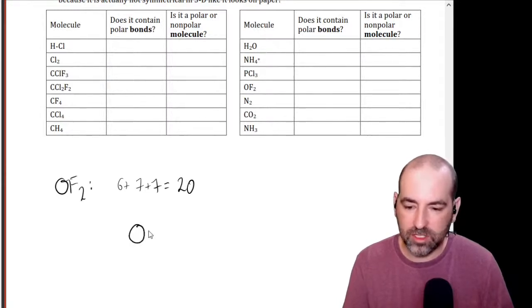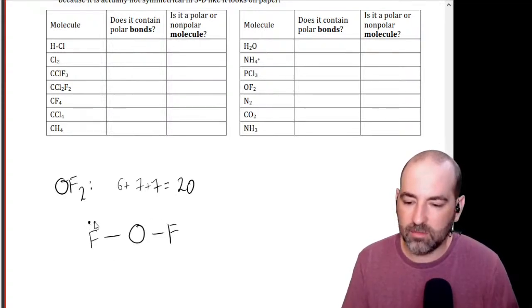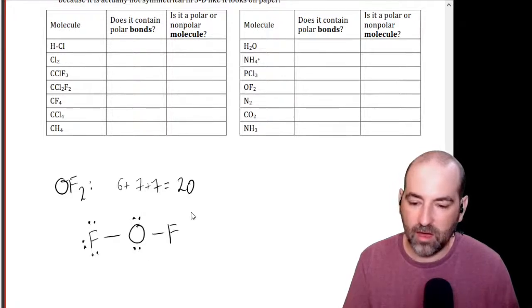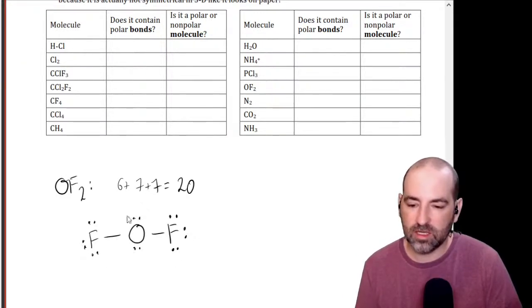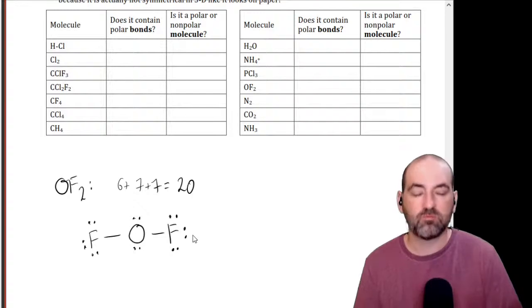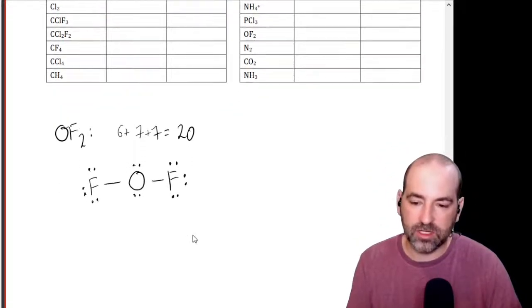Then we draw a structure. Then we add in our non-bonding electrons. And if we run out of electrons, then we have to start thinking about multiple bonds. But in this case, we don't run out of electrons. 2, 4, 6, 8, 10, 12, 14, 16, 18, 20. So we're good. Okay, now we have a Lewis structure.